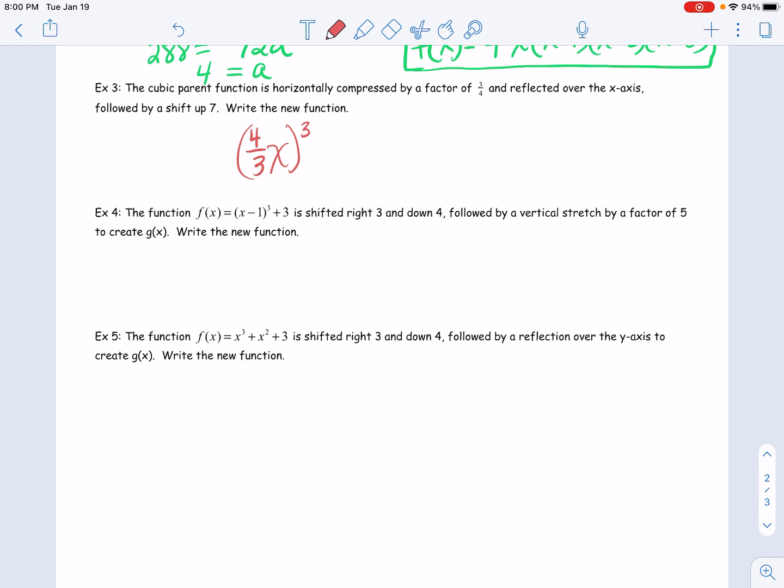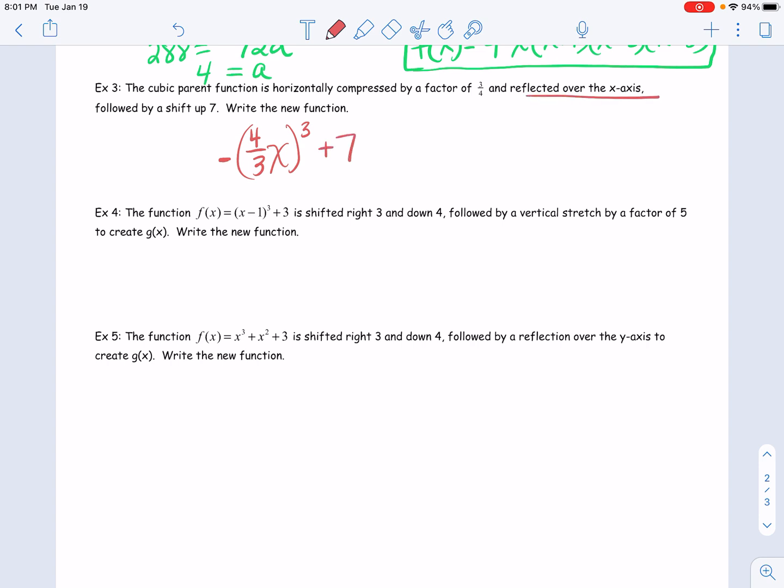Okay, when I see this, I should say that is horizontally compressing by a factor of 3/4, which is exactly what the problem says. I also reflect over the x-axis. That is a vertical flip, negative in front. Followed by a shift up 7. That is the correct order, positive 7.